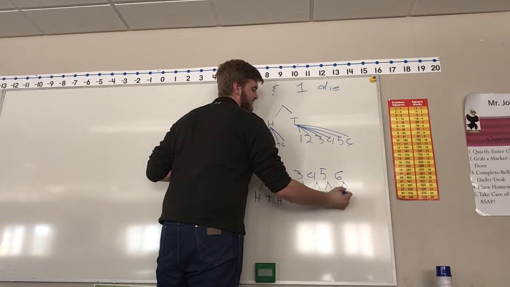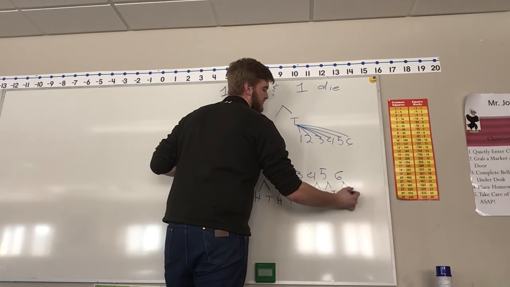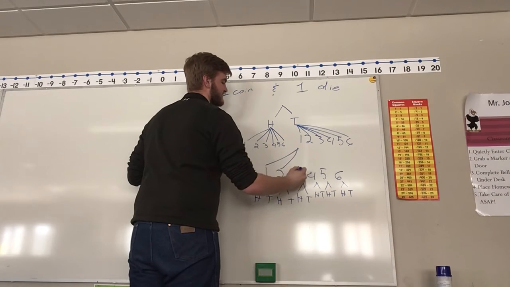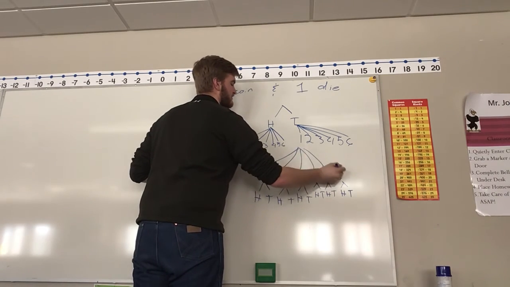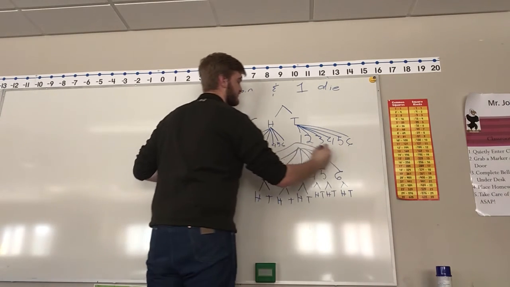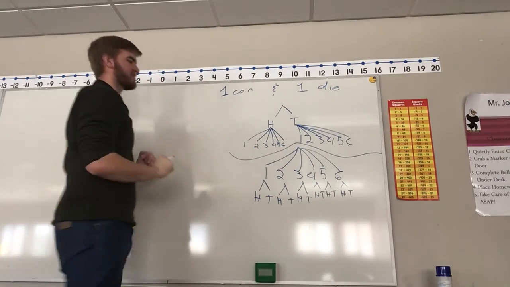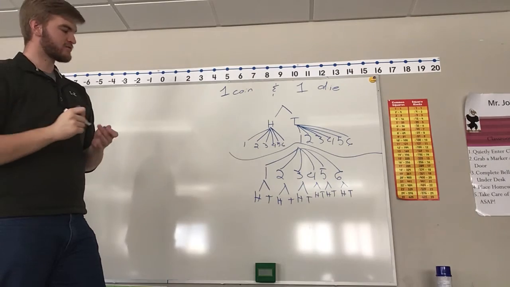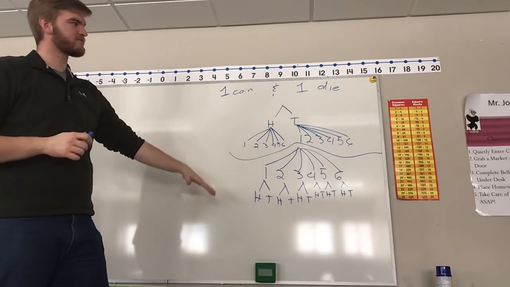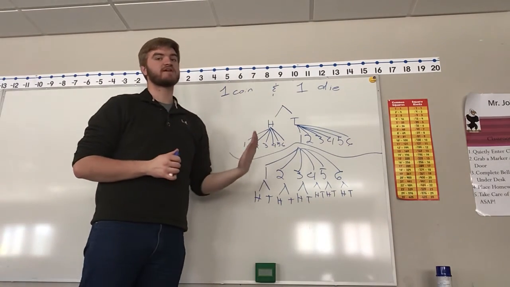Instead of doing the coin first, we're looking at the die first, but it really doesn't change anything. Those are two completely different tree diagrams that represent the same thing. So we could go through it those two different ways. It doesn't matter which one you go first, it's still going to give you the same result.